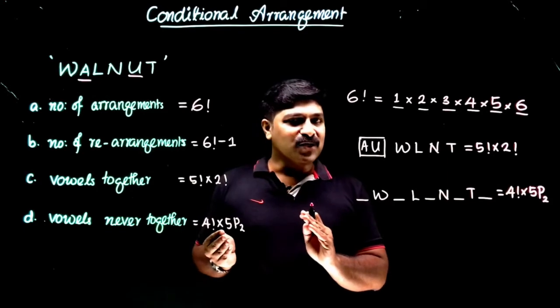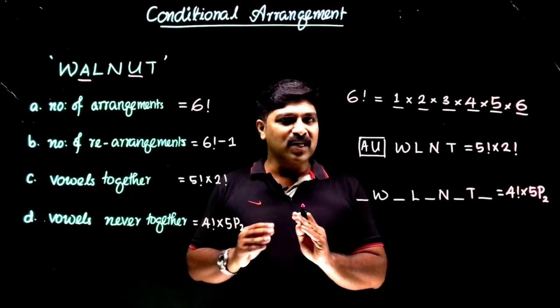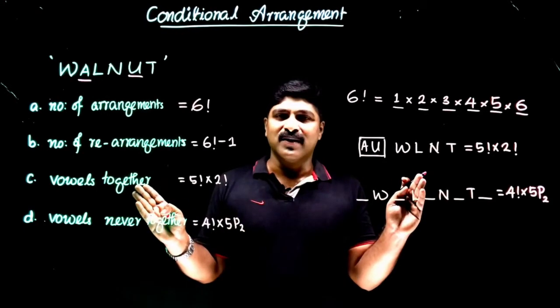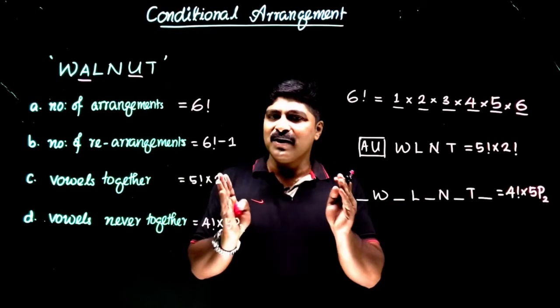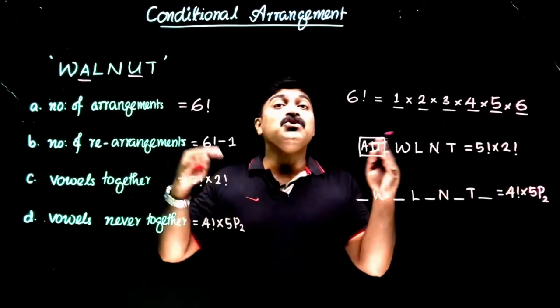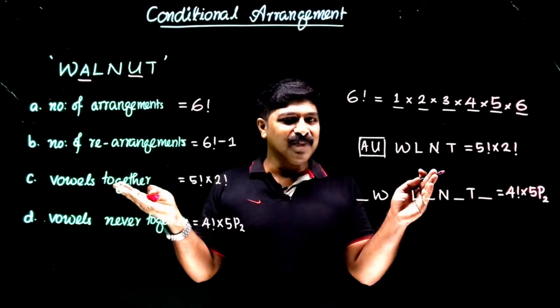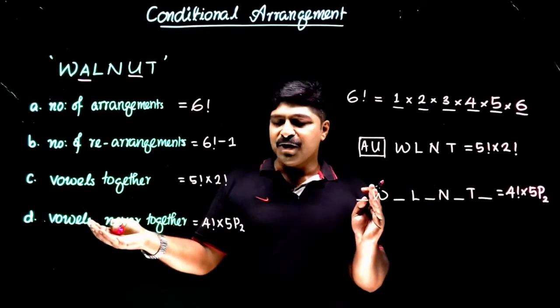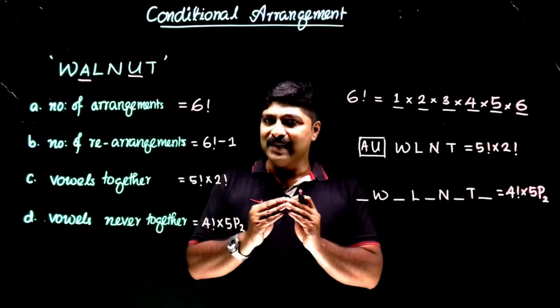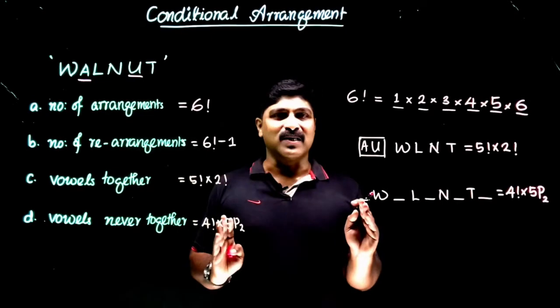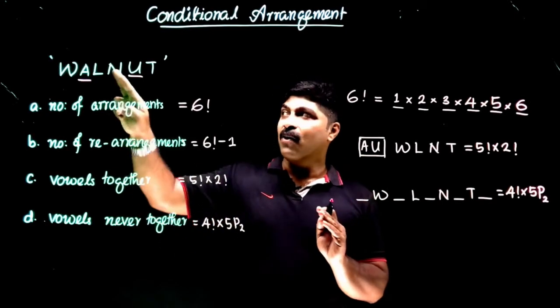Vowels never together, which means no 2 vowels together. So what is its contradiction? At least 2 vowels together. Got it? Which means the contradiction of vowels never together is at least 2 vowels together. In this question, we have only 2 vowels.